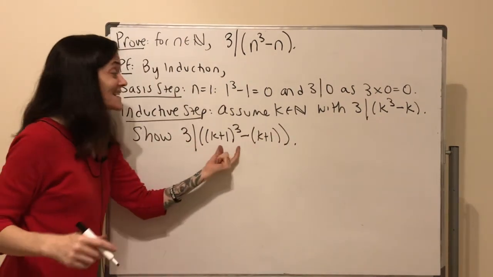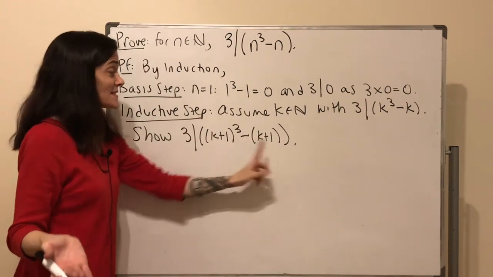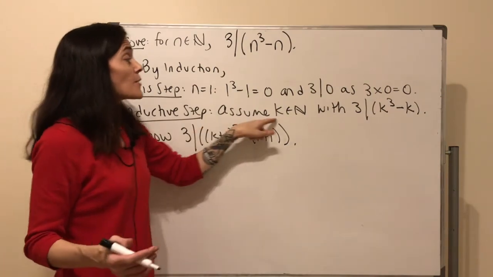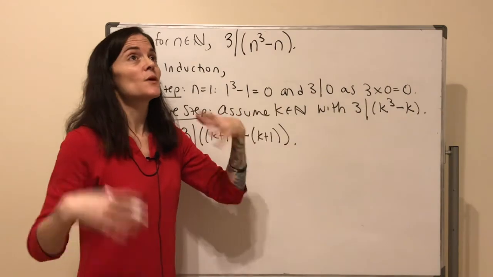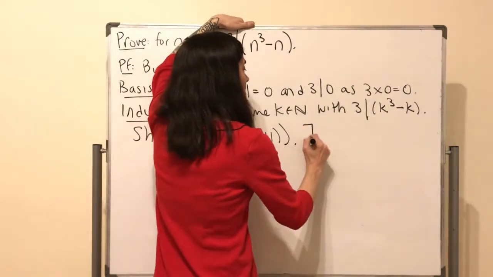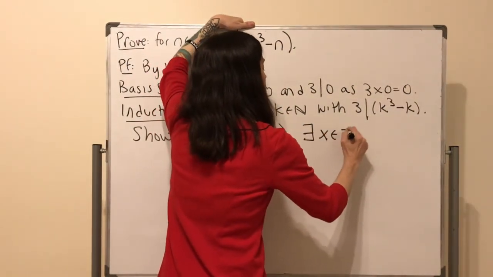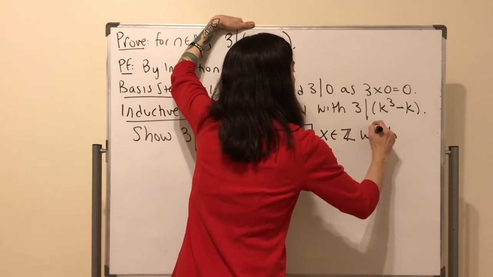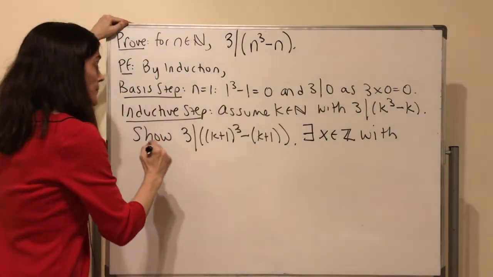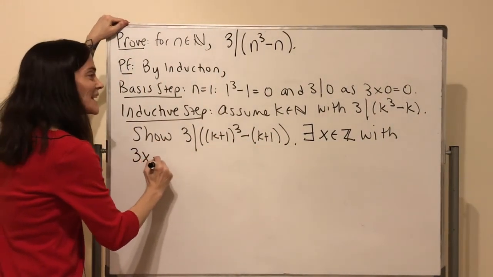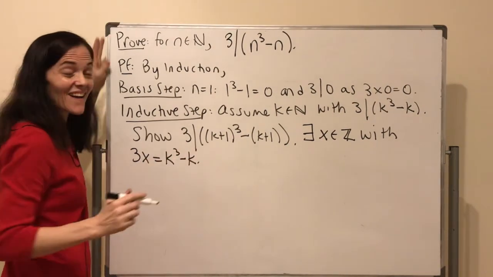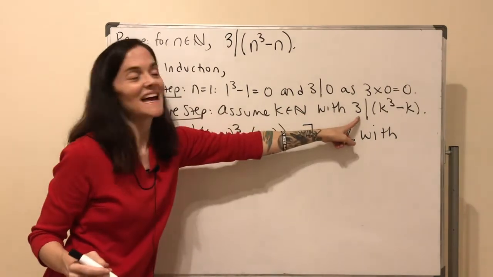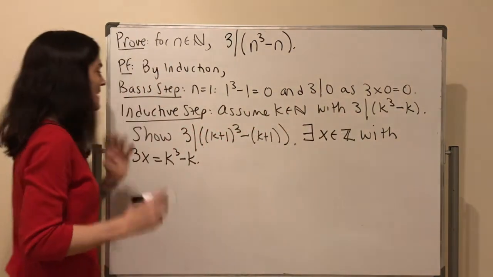But before I jump into this part, let's unravel our inductive hypothesis. The inductive hypothesis really says the following, that there exists x with 3x equals k cubed minus k. This is our inductive hypothesis, right? That's exactly what this means.